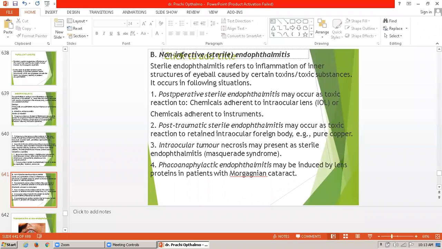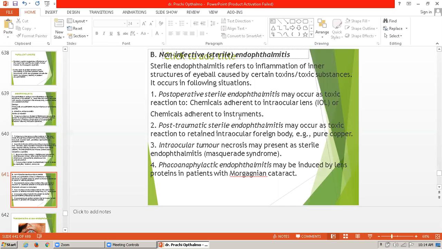First, post-operative sterile endophthalmitis may occur as a toxic reaction to chemicals adherent to the intraocular lens, that is IOL, or chemicals adherent to the instrument.